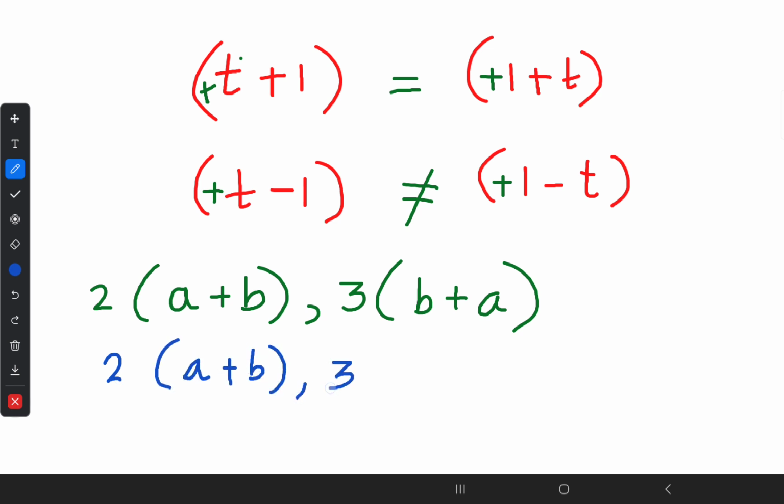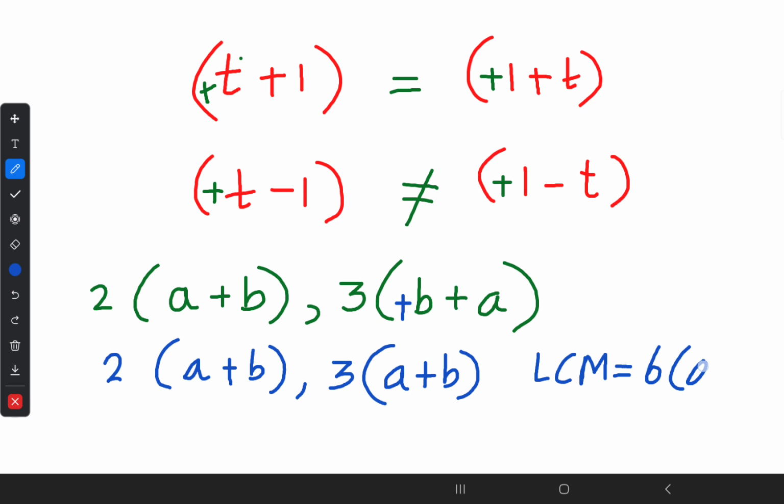Here 3, here also b is also having positive. So I can write this one also as 3 times a plus b. So to find LCM for these two numbers, LCM for 2 and 3 it is 6. Since both of them only the order changed, the directions are same. a plus b would be the LCM for these values.